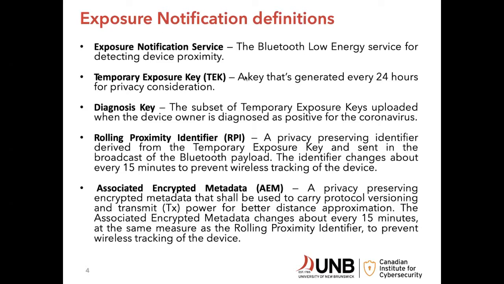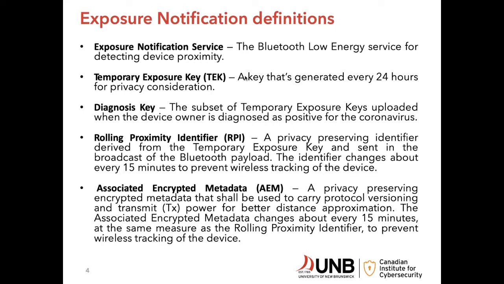So there are some exposure notification definitions we need to know. I already mentioned two or three times the rolling proximity identifier and the temporary exposure key. Just going very fast, the TEK is generated every 24 hours for privacy consideration, and the RPI is a privacy-preserving identifier derived from the temporary exposure key and sent in the broadcast of the Bluetooth payload.